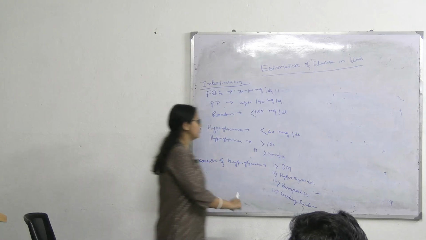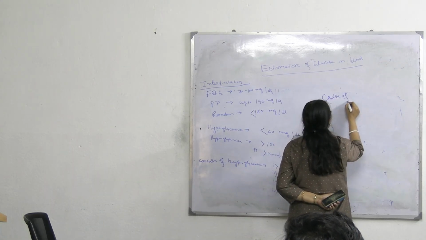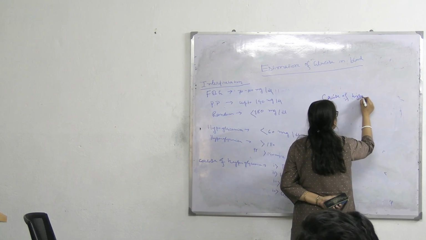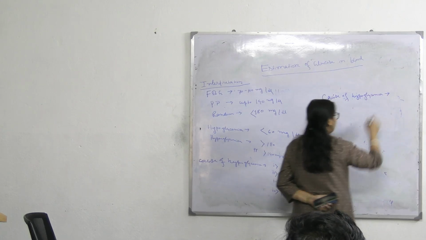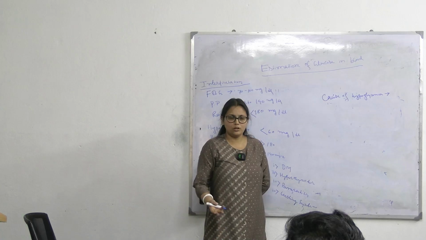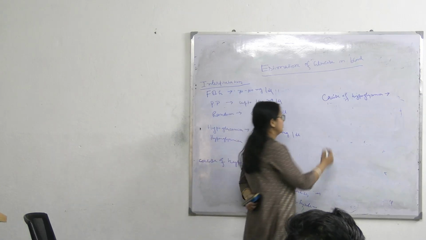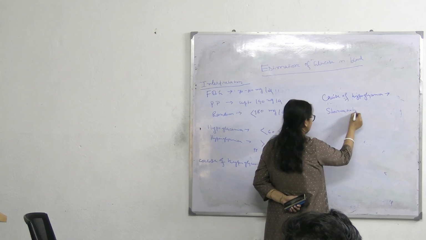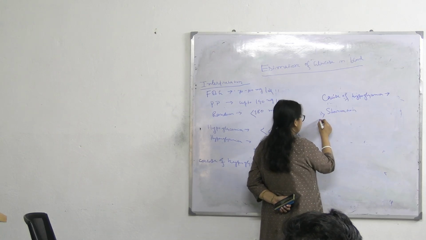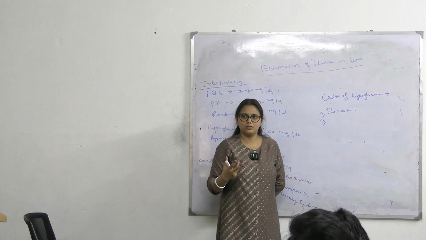Then cause of hypoglycemia, বল hypoglycemia cause. What are the causes of hypoglycemia? Are common, বল common, starvation, next is insulin overdose. ইনসুলিন যদি ধরো ওভারডোজ হয়ে যায়, বেশি হয়ে যায়, তাহলে কি হবে?